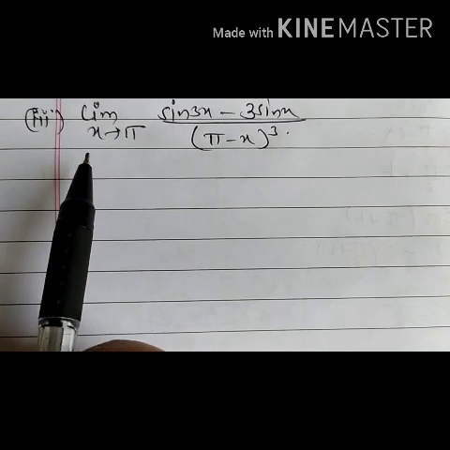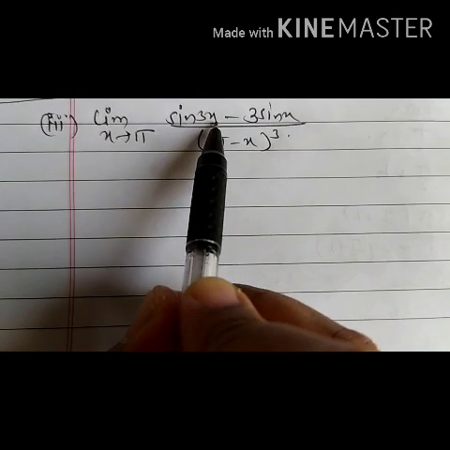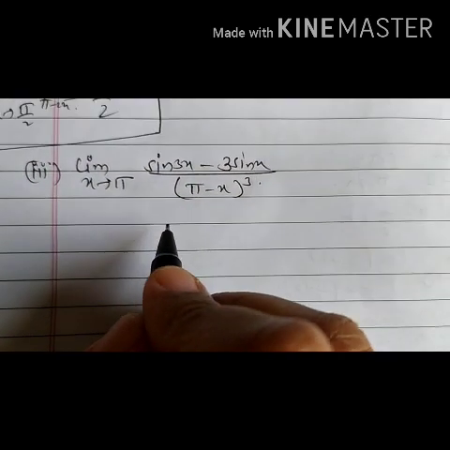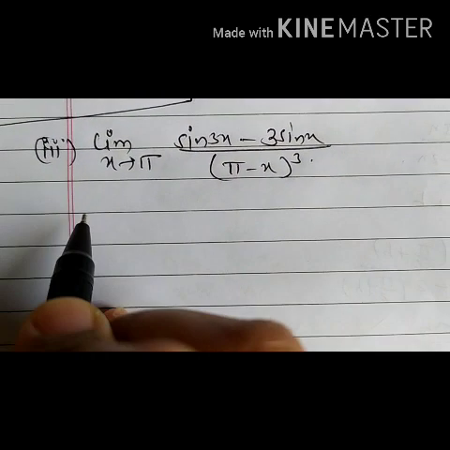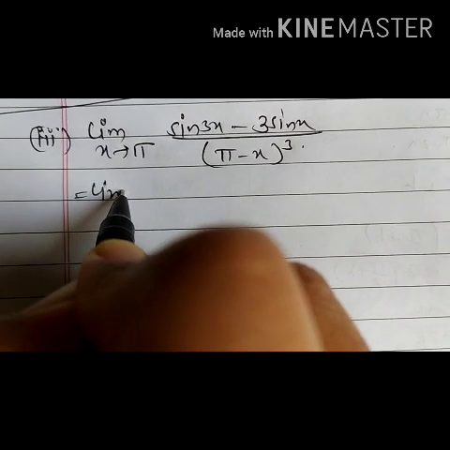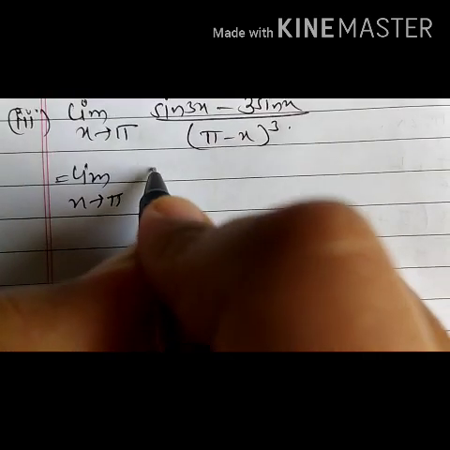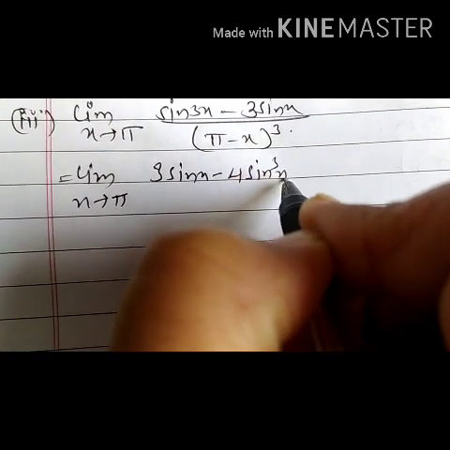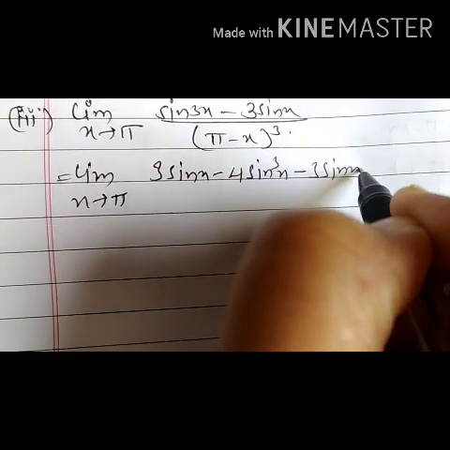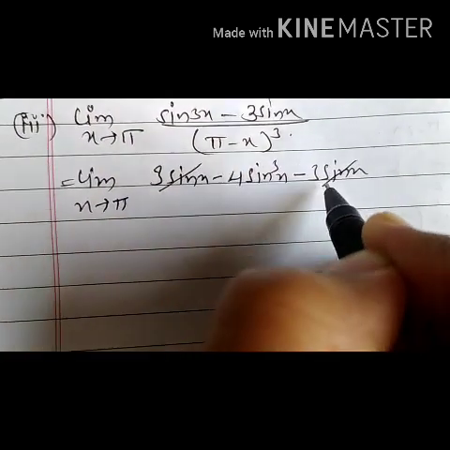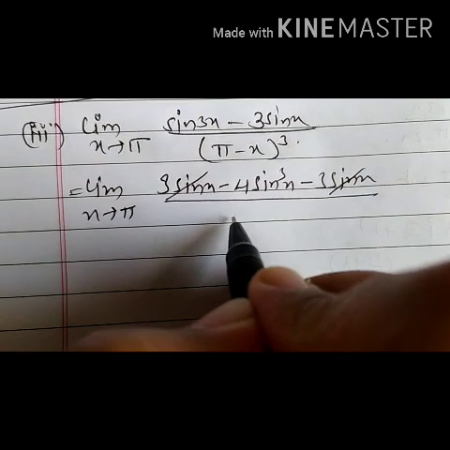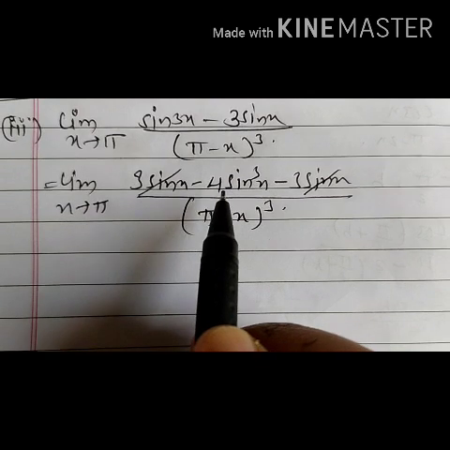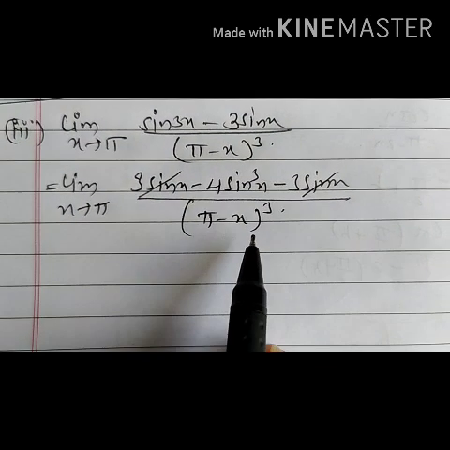Now students, before putting x equals pi plus h, we know that sin 3 theta is there, so we'll use the sin 3 theta formula and we have the limit as x tends to pi of 3 sin x minus 4 sin cube x minus 3 sin x, so that this will get cancelled, whole thing divided by pi minus x bracket cube. So we have minus 4 sin cube x upon pi minus x whole cube.